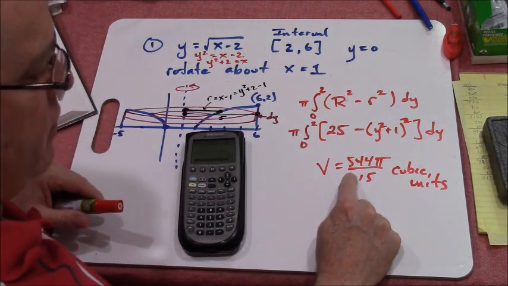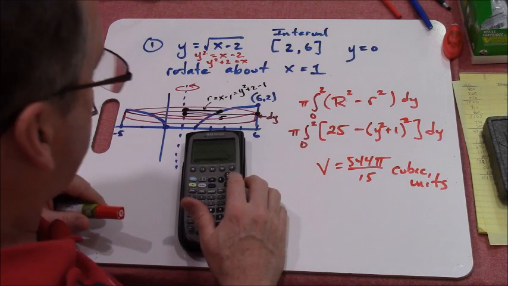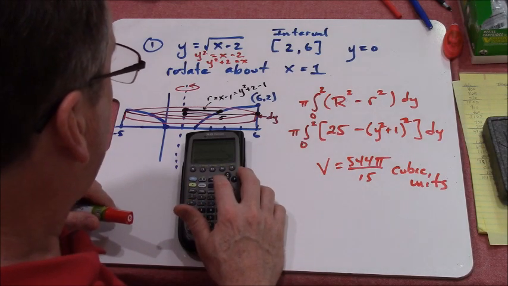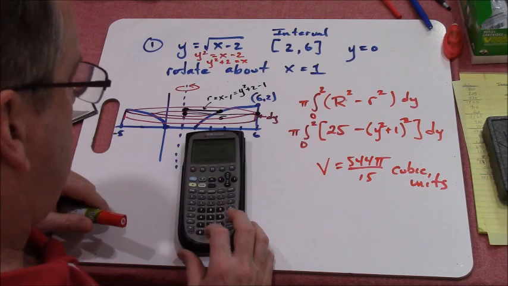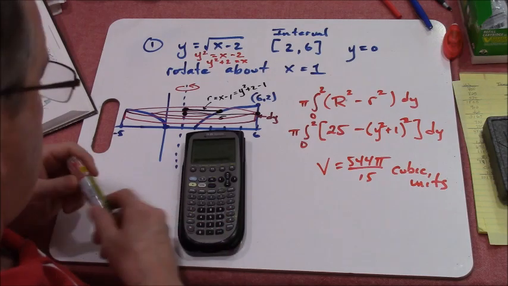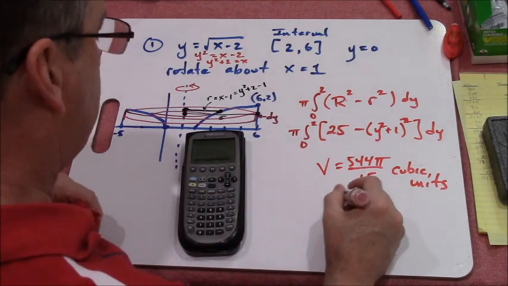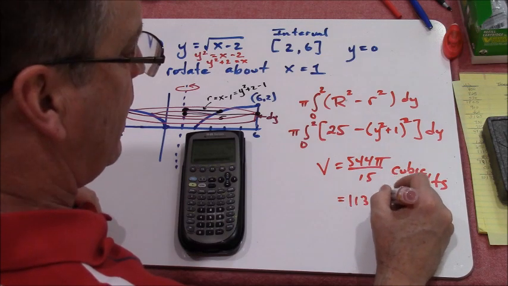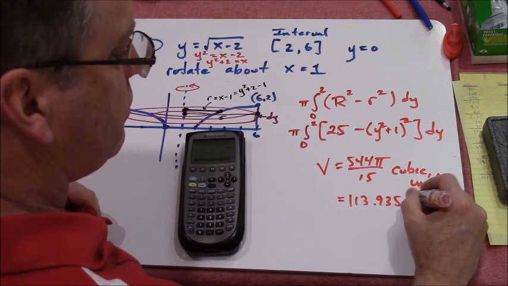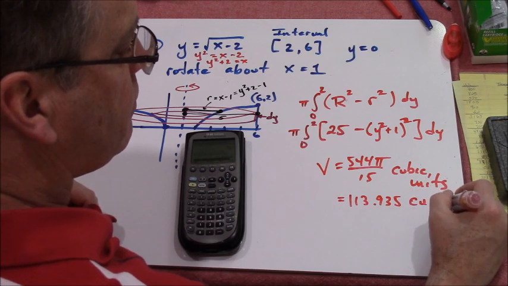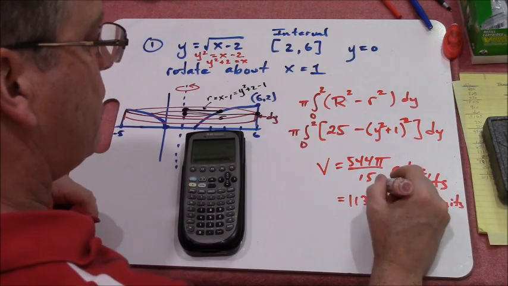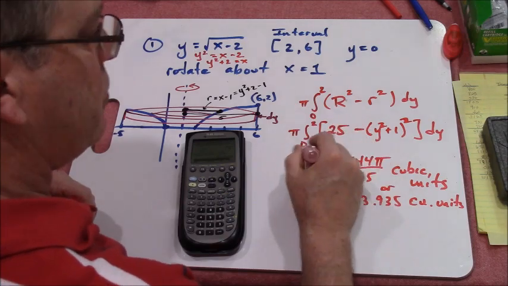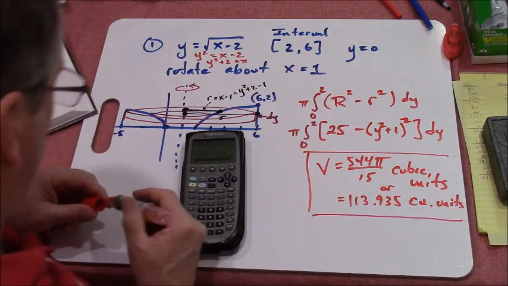If you want this as a decimal number, all you got to do is go back and put a decimal number somewhere in our integral, and then we get the decimal equivalent. So this would be 113.935 cubic units. Either one of those are good answers.